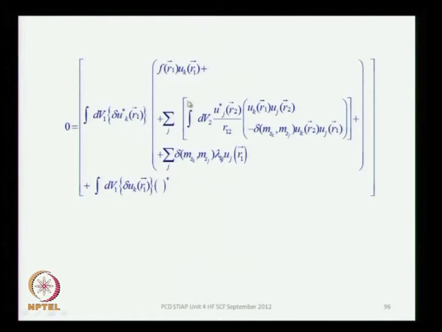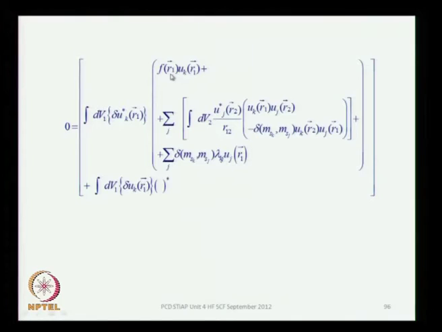This is also a function of R1, because in this the integration over R2 is carried out. So, 2 is a dummy label. Once that integration is carried out, you are left only with a function of R1, and you have a similar exercise over here, that you operate on UK(R1) by this one electron operator, and then you are left with some function of R1.